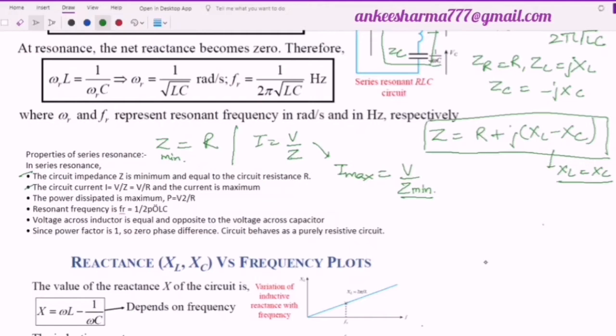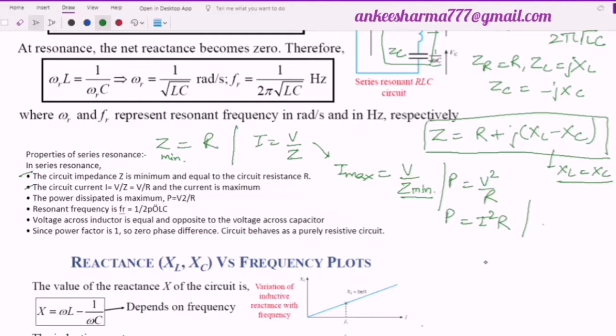Third point is the power dissipated. Now what is the power dissipation in a circuit? If we go back to our previous formulas in terms of voltages, I can say power is equal to V square by R, or in terms of current, it will be equal to I square into R. Now, if I have to find the power dissipation at resonance, I need the value of R, which is constant for every frequency, but the value of the current is different.